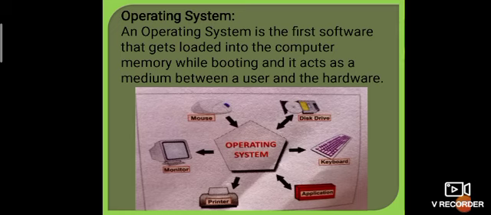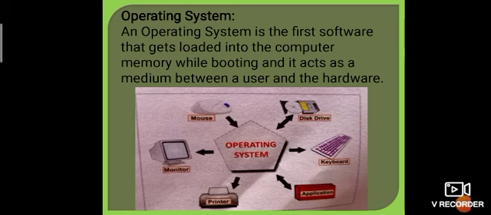In the same way, a number of services are provided by an operating system. Imagine what will happen if there is no principal in a school. Everything will become unorganized. Similarly, if the operating system is not working in a computer, it will not be able to perform any operations.